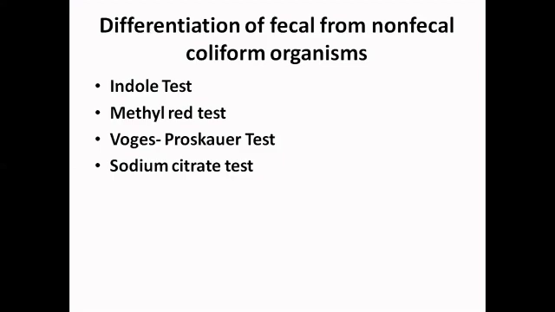The next test in the detection or differentiation of fecal and non-fecal coliforms is the citrate utilization test. The principle of this test is that the ability of the organism to utilize sodium citrate as a sole source of carbon and energy is detected in this test.